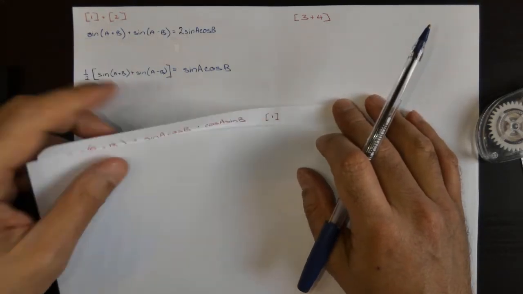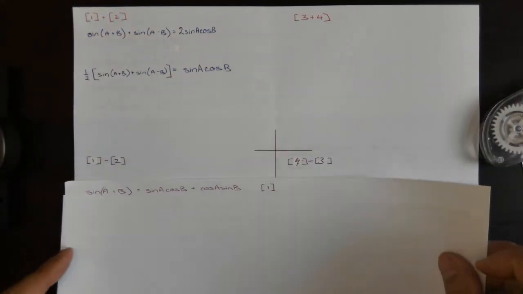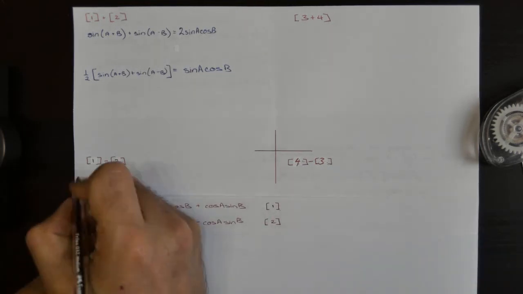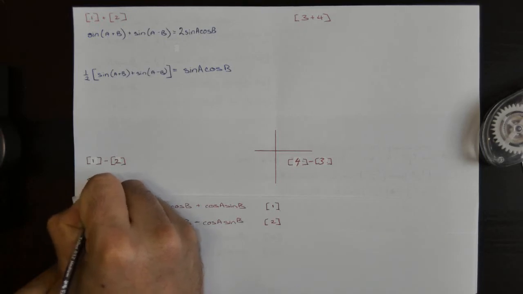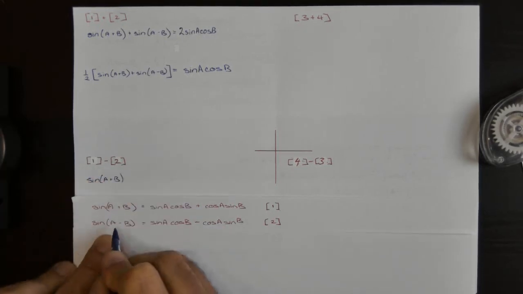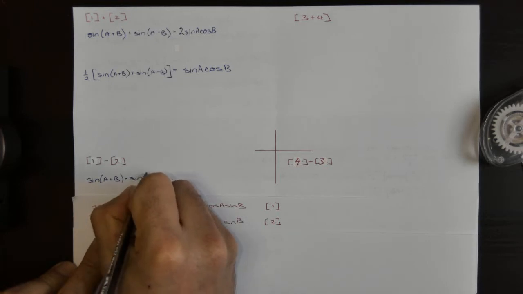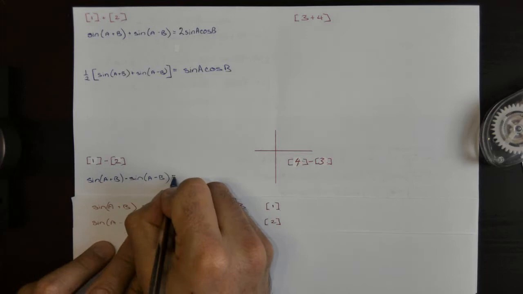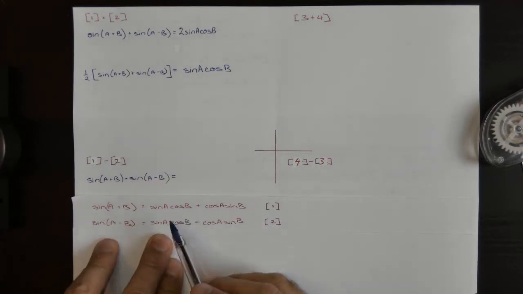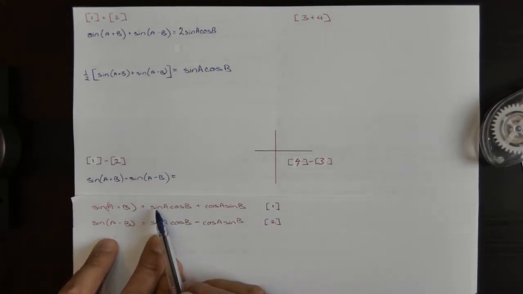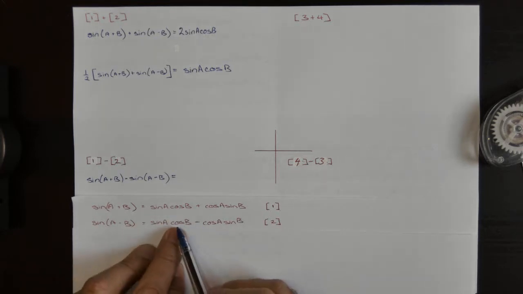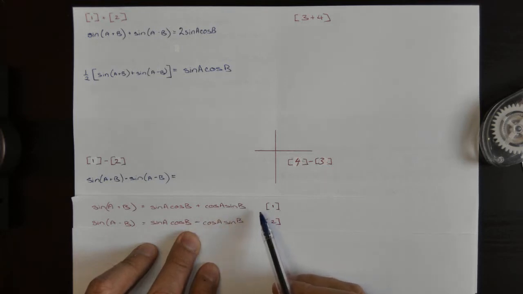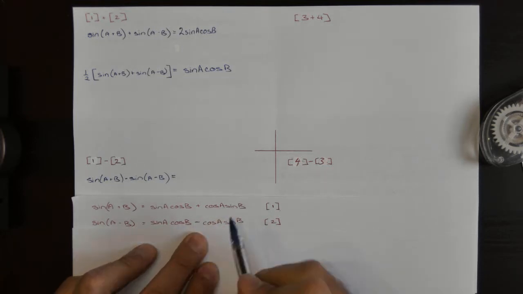Right, so what happens if we subtract 1 from 2? Sine A plus B minus sine A minus B. We're going to subtract them, so the sine A cos B terms cancel out, and cos A sine B minus a negative becomes a positive.